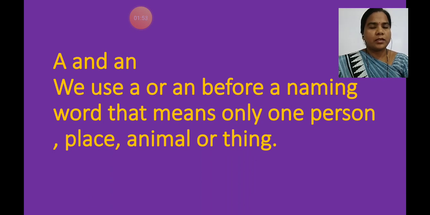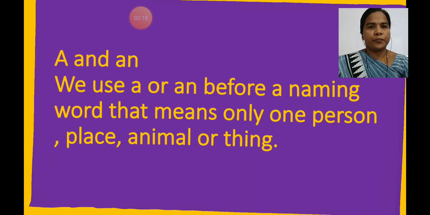We use a or an before the naming word, that means one person, one place, one animal or one thing. Got it, children? Shall we move forward?